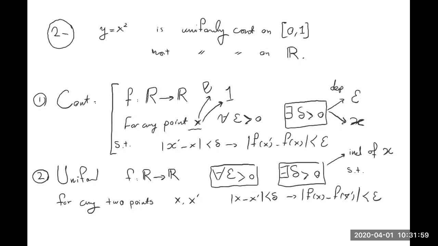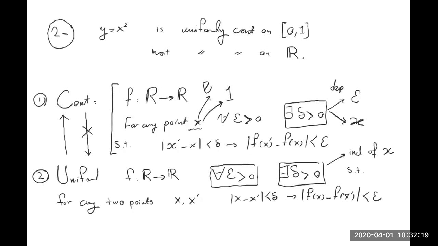It doesn't depend on x anymore. So uniform continuity is a stronger property than being continuous. If a function is continuous, it doesn't imply it is uniformly continuous. But if a function is uniformly continuous, it is definitely continuous.